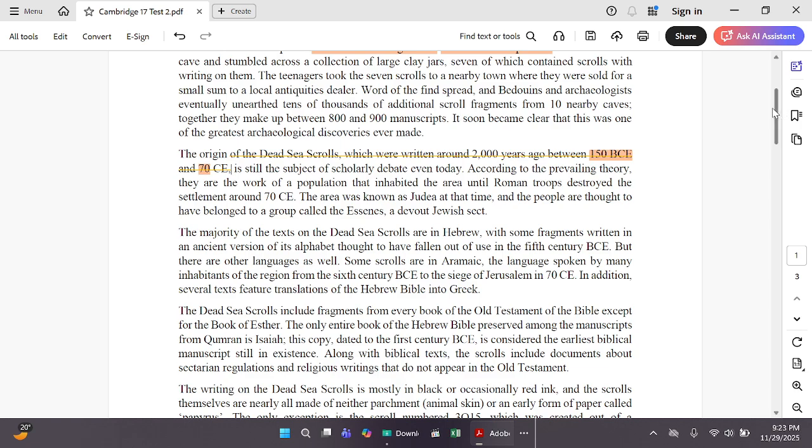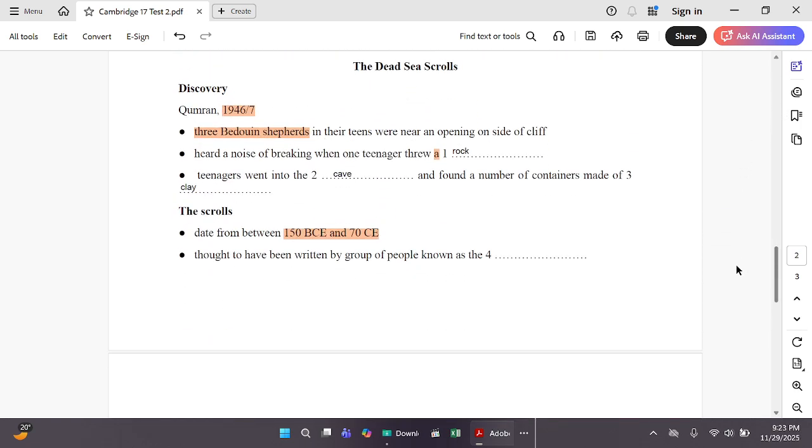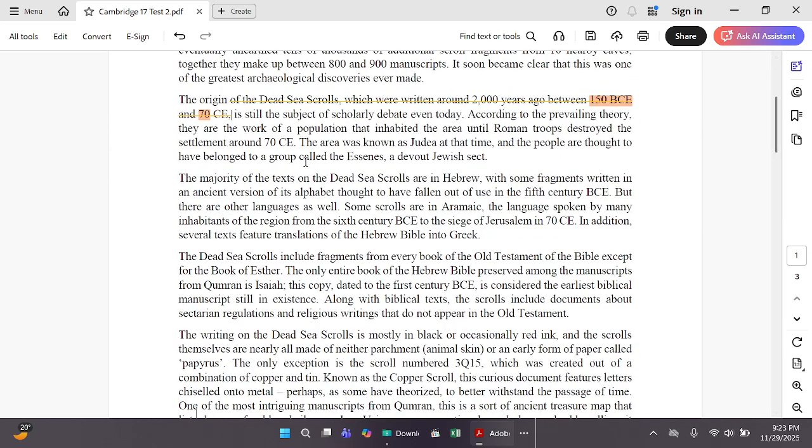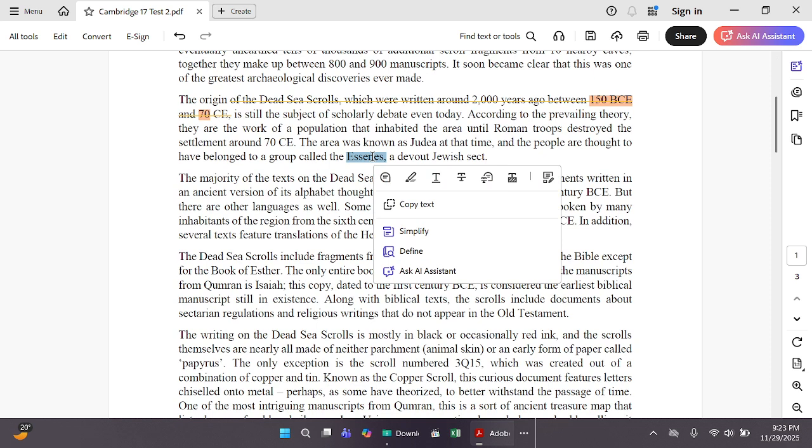Okay, so look at what they mentioned: scrolls thought to have been written by a group of people. Scrolls may be documents, ancient, very valuable documents. Those were written by a group of people. So now, the people who wrote this, who are they called? We have got our answer, right? So the group is called Essenes.